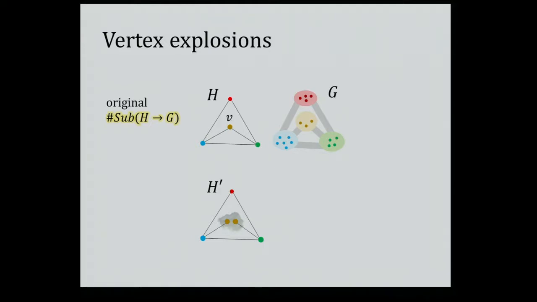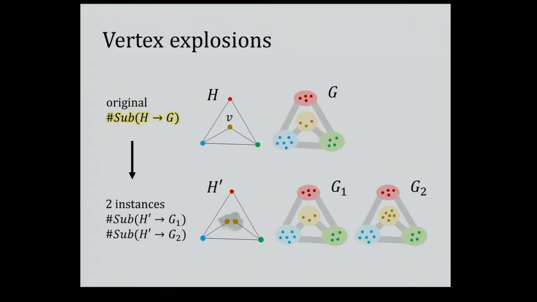And the great thing about explosions is that if you can count this exploded graph H prime in, say, two graphs that we construct from G, then you can, from that, recover the number of subgraphs which are isomorphic to H in the original graph G.